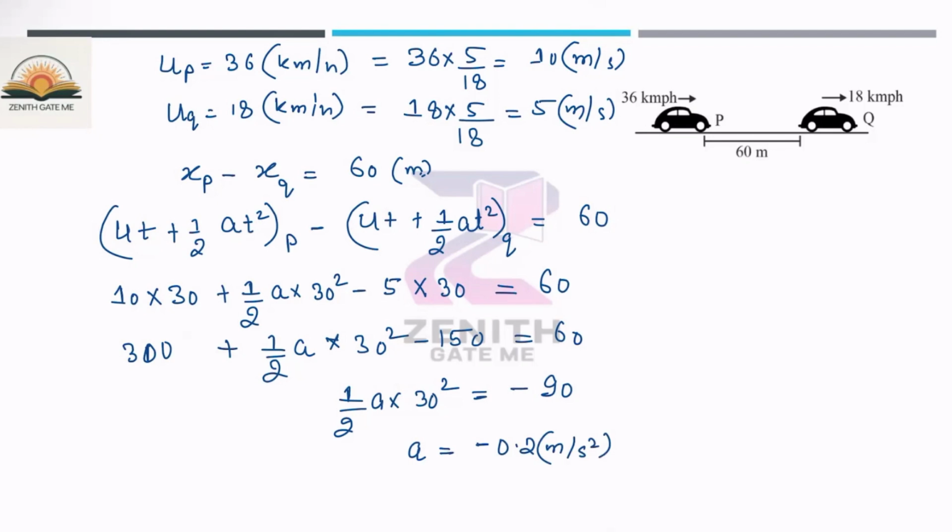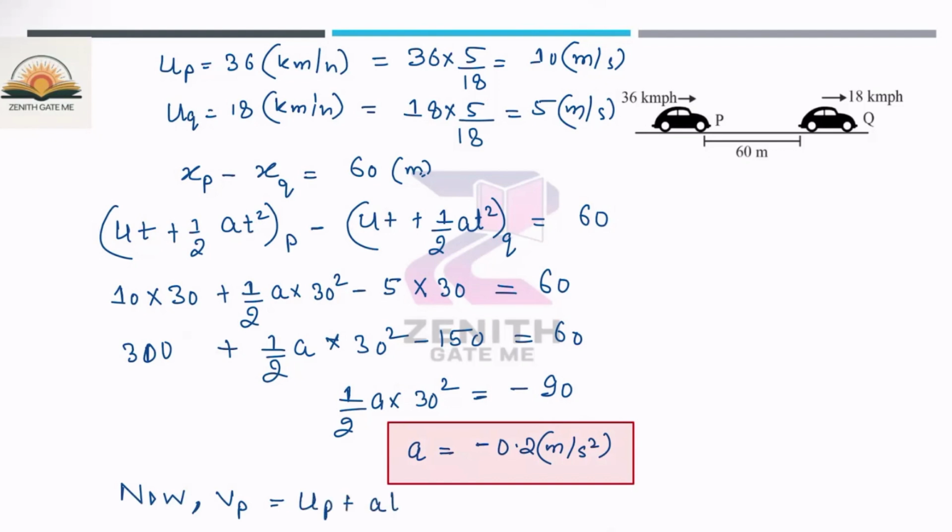Now you can see here the acceleration value is coming out to be negative, which is nothing but the deceleration. Okay, so now you can easily calculate the velocity of P. So the velocity of P just before the collision is UP plus AT. What is the velocity of P in the initial condition?